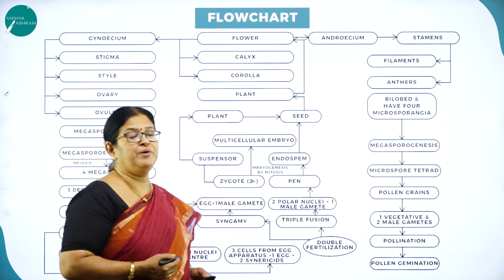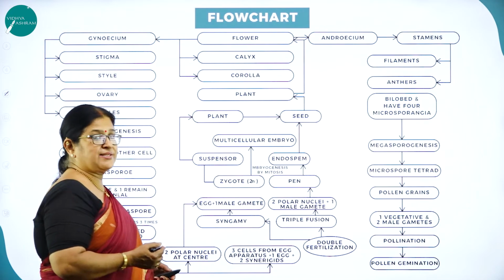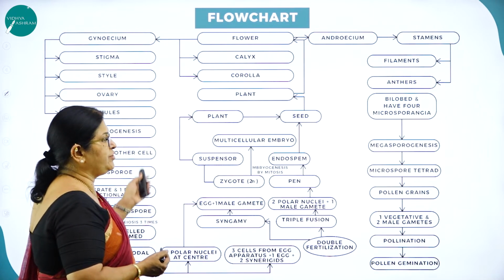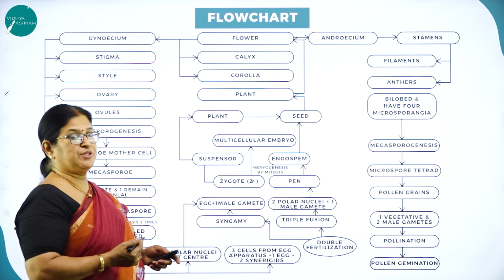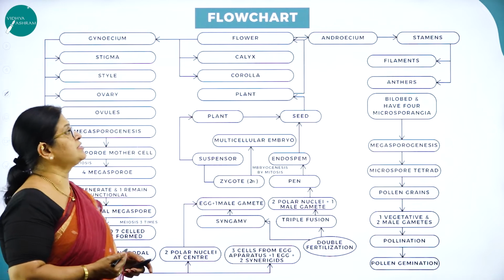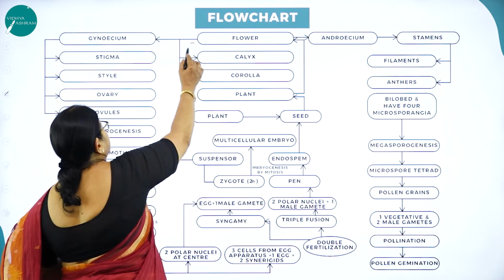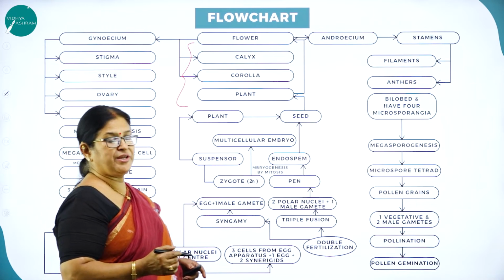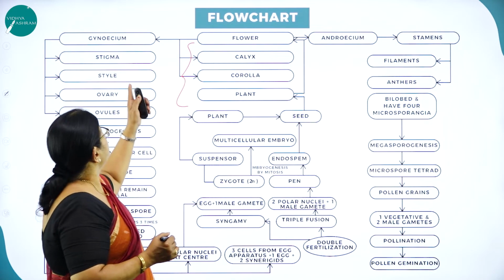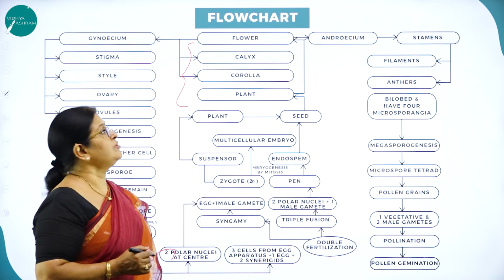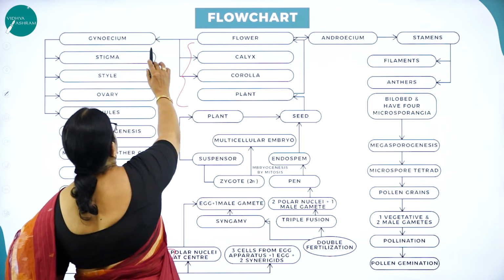So let us recap the whole chapter, that is sexual reproduction in flowering plants. This flow chart will show you all the things you are going to study in chapter 2 of your second PUC biology syllabus. As we already discussed, a flower contains 4 very important parts: calyx, corolla, androecium and gynoecium.